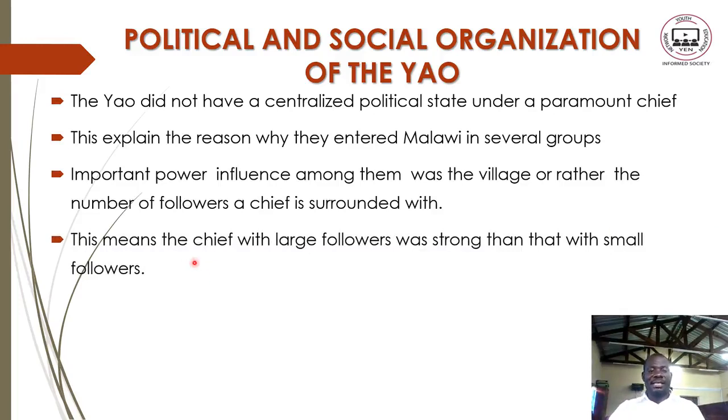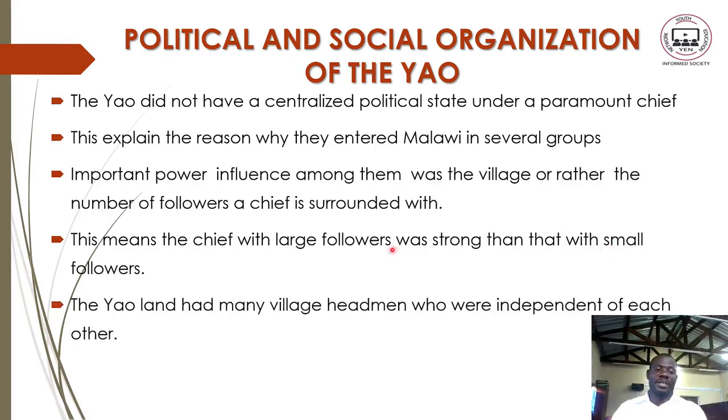So it means that the chief with large followers was stronger than the one with small followers. It explains itself there that those who had more subjects had more power, more influence than others who were just few.